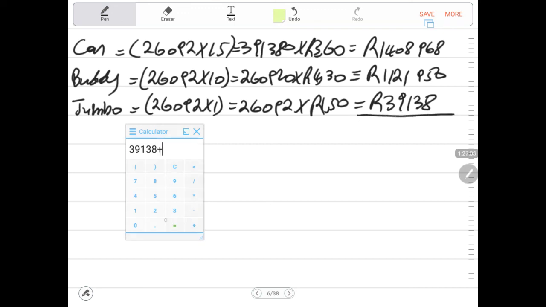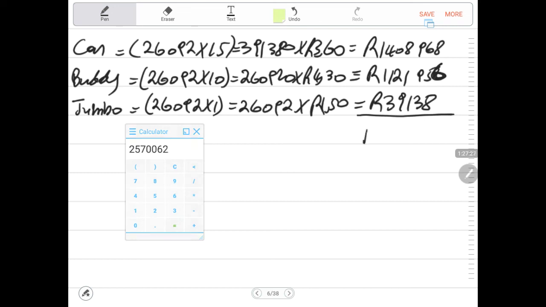Then at the break-even point, plus 1,121,956. I think that was 56. Plus 1,408,968. Oh, that was 956 or 950.